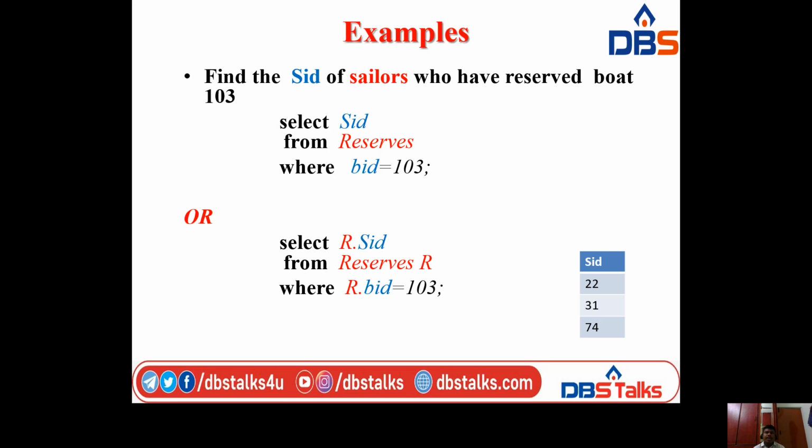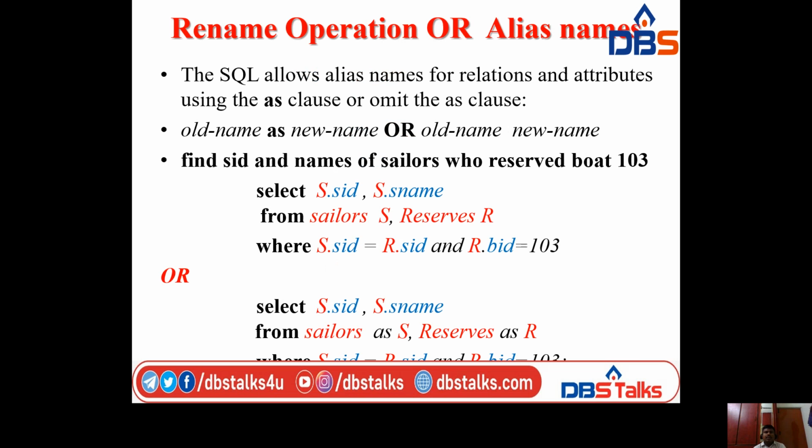We can use the synonym or not; synonym is not required. Here there is only one table, so you don't need to use the synonym. When more than one table is there, it is mandatory to use the synonyms. Now this is the output of this one.